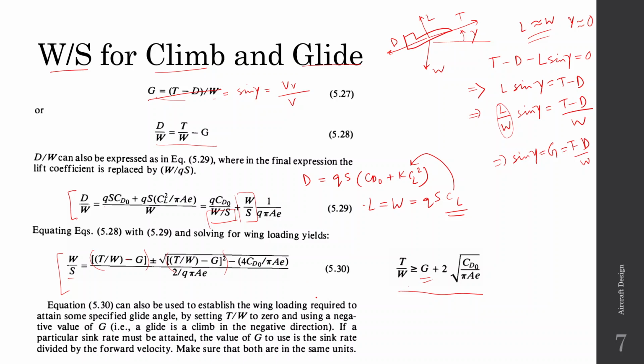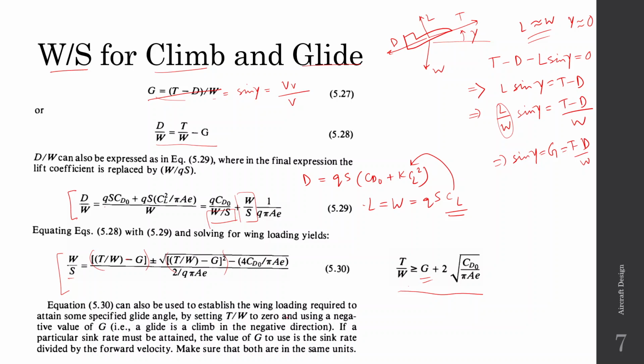Now we can also use this equation for other purposes, like we can use it to find the wing loading for gliding, and we can also use it to find the wing loading at the maximum ceiling or even at the service ceiling.